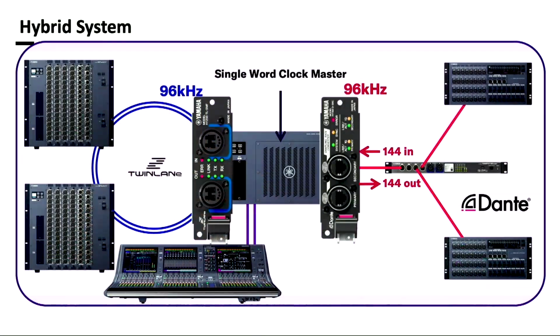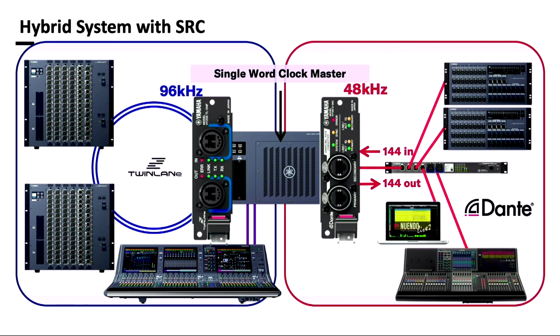Yeah, so actually my next system example is a kind of dual sample example. So the beautiful thing about this HY card with the SRC is that it can work in synchronous mode, where the Dante network is exactly half the sample rate of the TWINLANE network. So you can keep TWINLANE, the RIVAGE system, at 96 kilohertz.